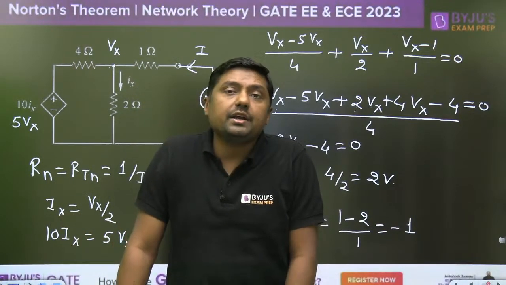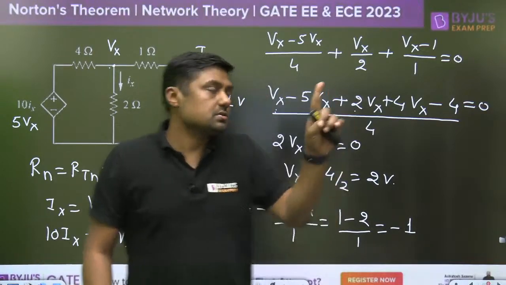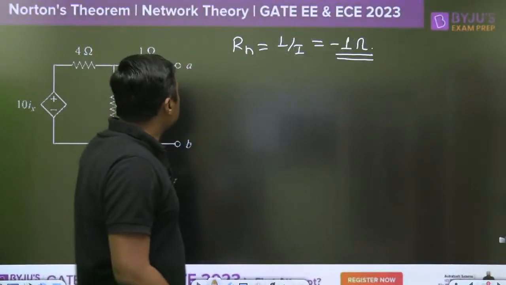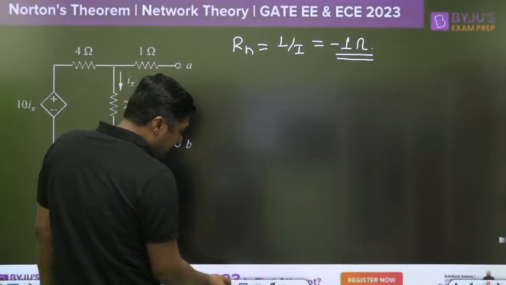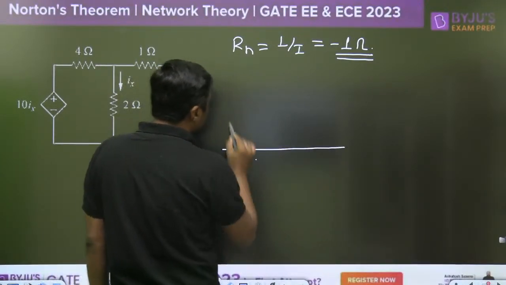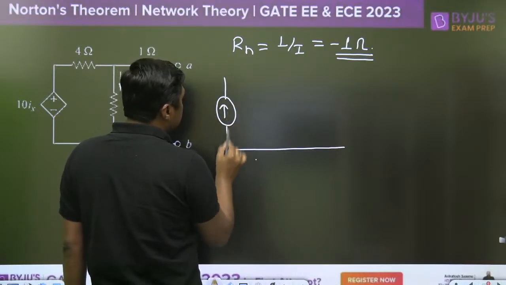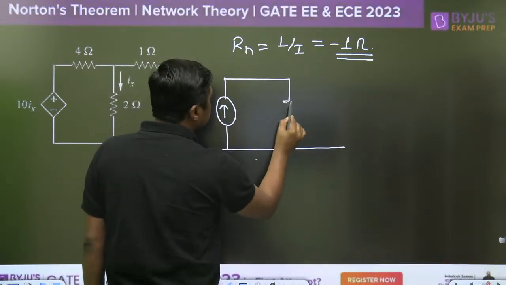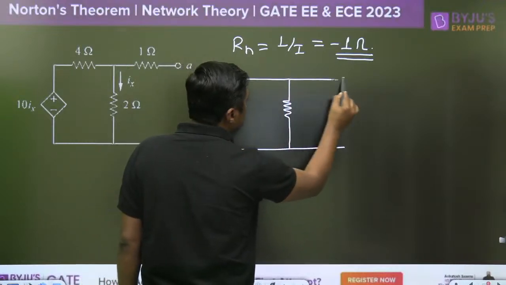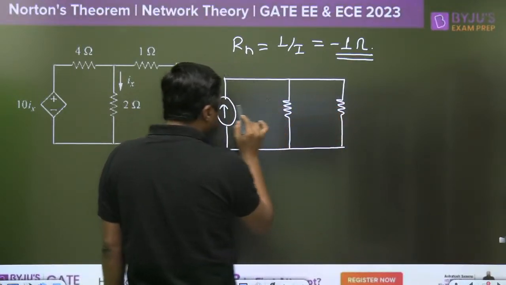If we are getting minus 1 ohm, just watch this new concept here. Suppose we are getting the negative resistance. What will happen? For any circuit, if we are having the negative resistance, first of all, try to understand.